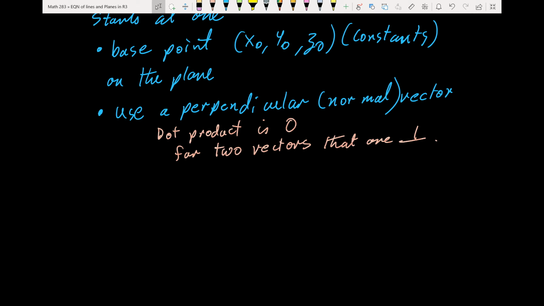So I think you have already figured that out, but when two vectors are perpendicular, the dot product is going to be 0. So now, let's go back to this.